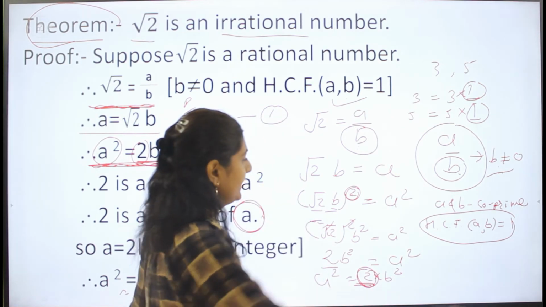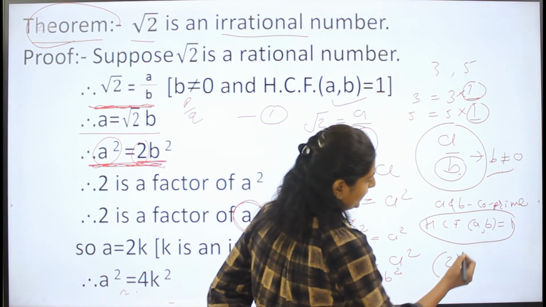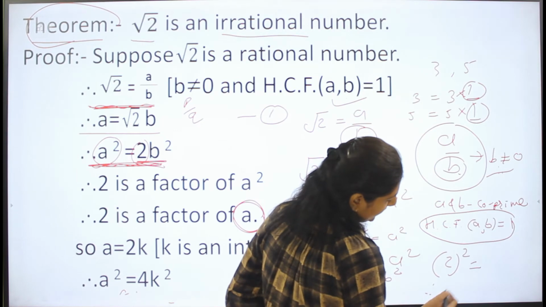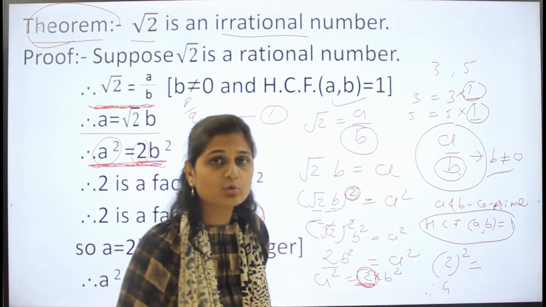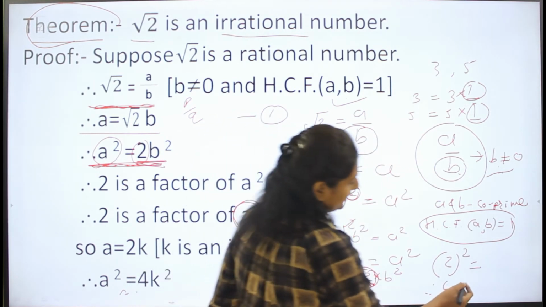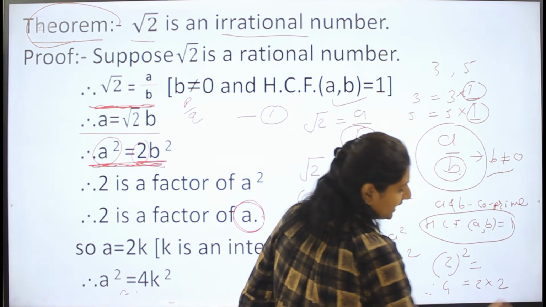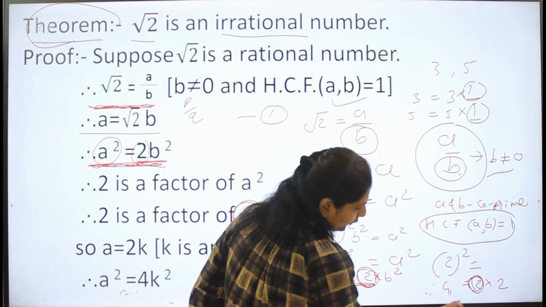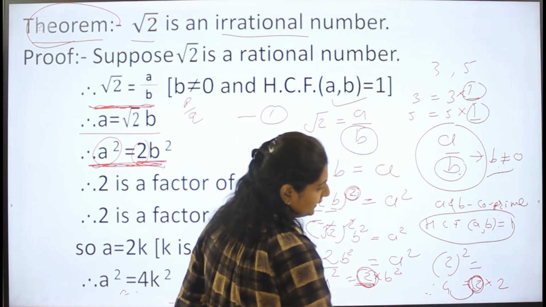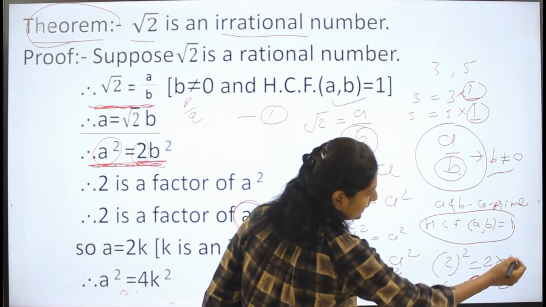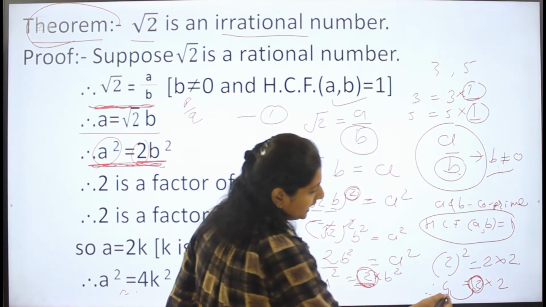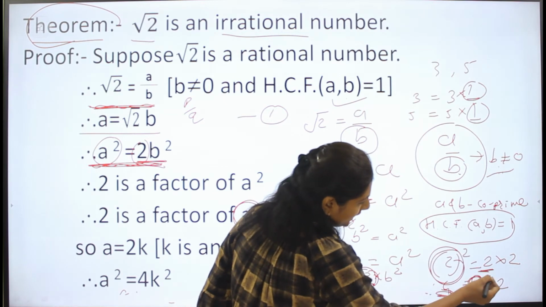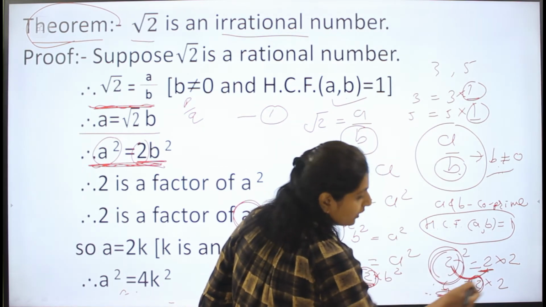How? If you take 2 square, what will you get? 2 square is 2 twos are 4, and its factor is 2 multiplied by 2. So if the factor of 4 is 2, then the factor of 2 square will also be 2, and then the factor of 2 will also be 2.